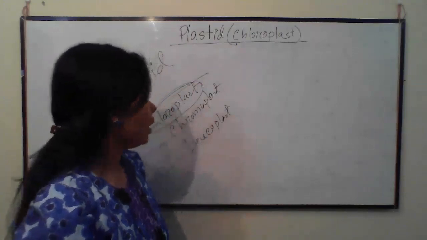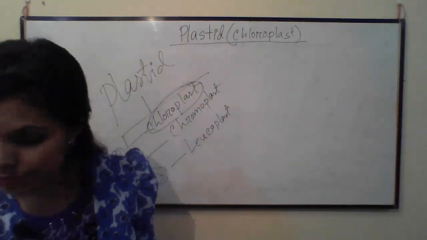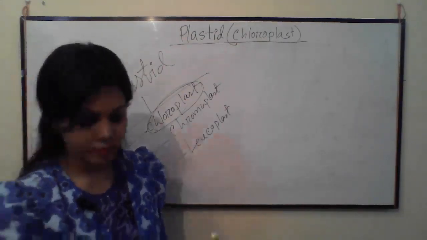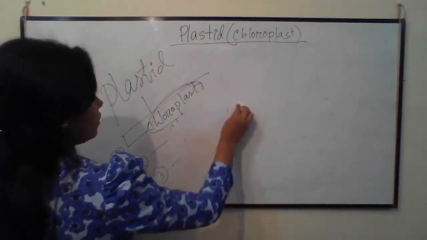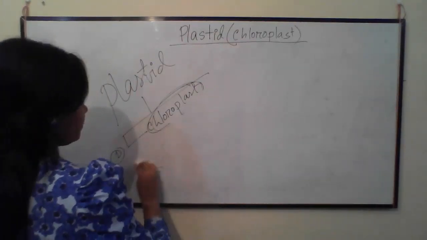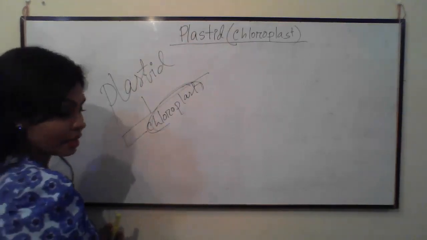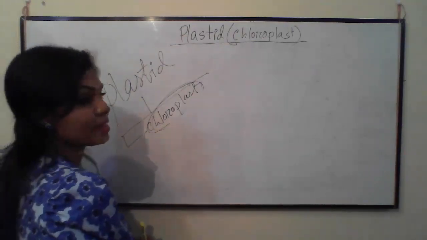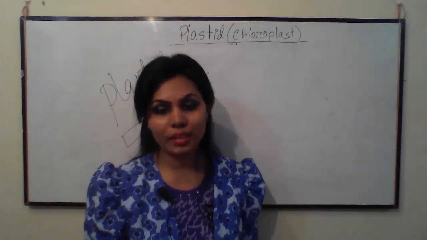We will discuss only chloroplast today. As I told you, chloroplast is a green color plastid. Why is the chloroplast green?